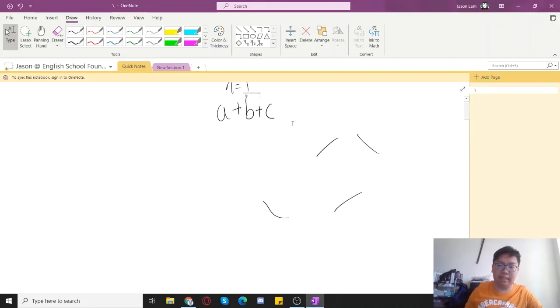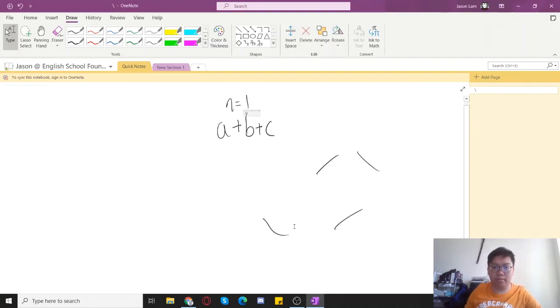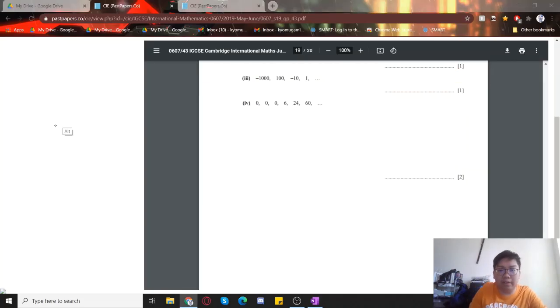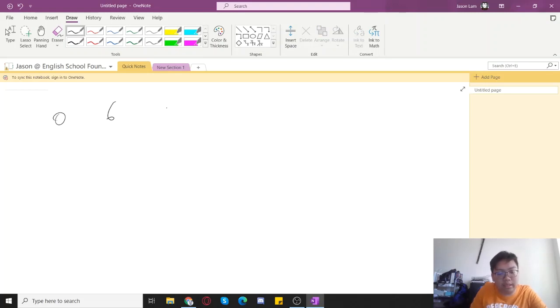Similar to how we did the last one with the quadratic sequence, or geometric. Let's try doing this. So 0, 6, 24, 60, 6. What's it? 18.